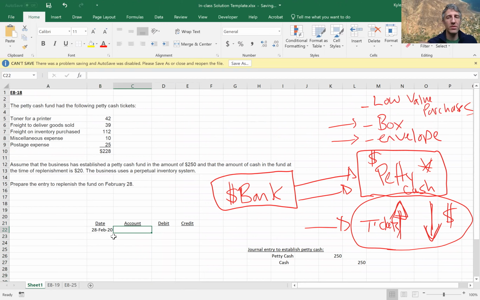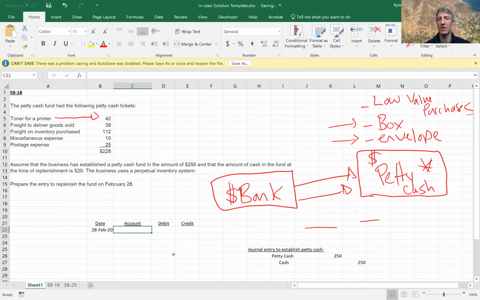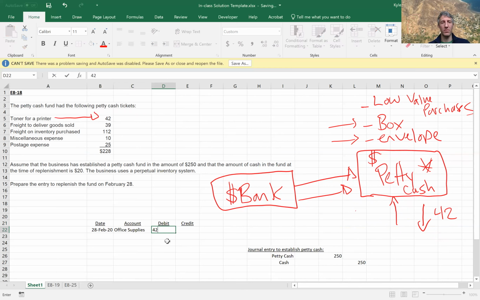And the first account says toner for printer, $42. So somebody went to petty cash and withdrew $42 for toner, and they gave a ticket that described that transaction, and that went into petty cash. This is like an office supply. So I'm going to debit office supplies, because this is the expense account, for $42.